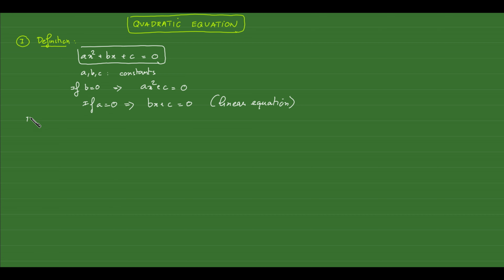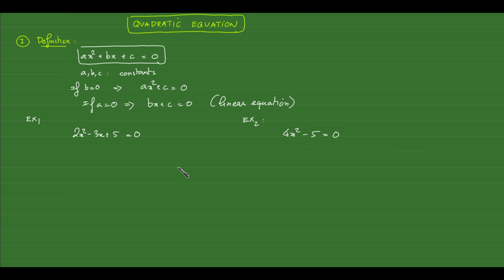For example, I have something like this, 2x squared minus 3x plus 5. Okay, this is a quadratic equation. We've got a, b, c, right? And how about this one? Example 2. It could be something like this: 4x squared minus 5 equals 0.